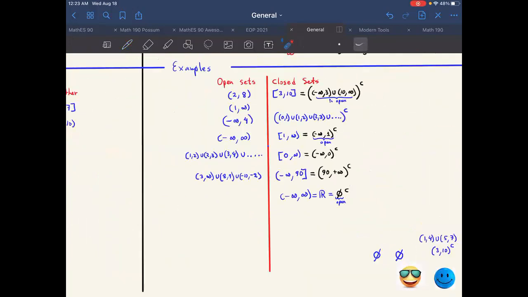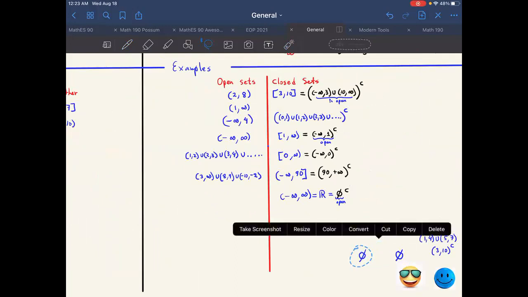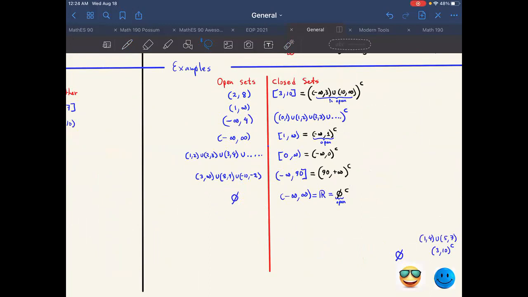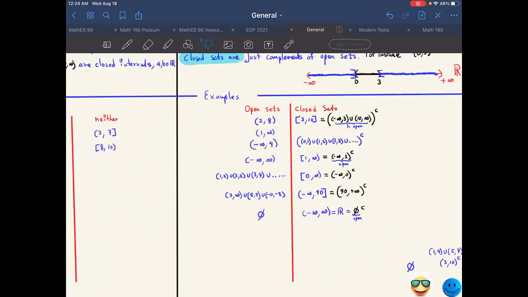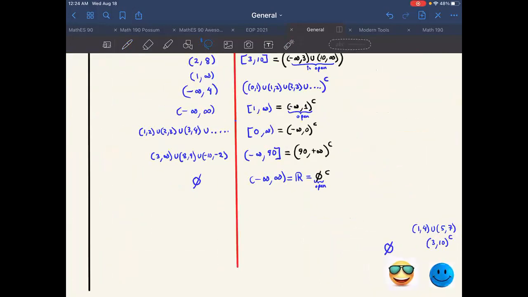All right, so what about this one, Professor? That's open. How do you know it's open? Because the empty set is open. It's an open interval. So what about this one, Professor? This is closed. Wait, hold on. That's closed because this is the complement of an open set.